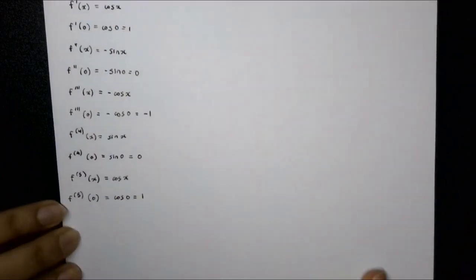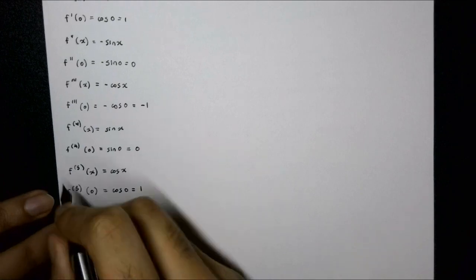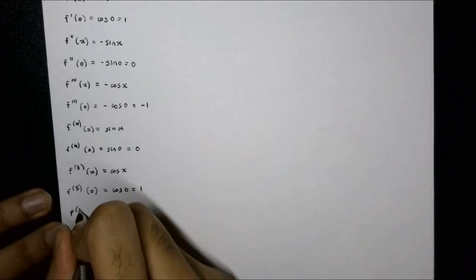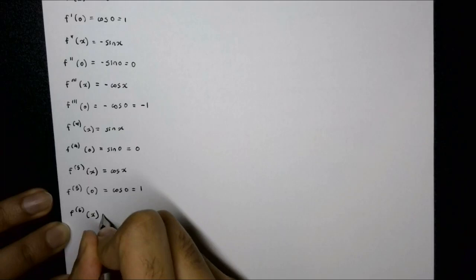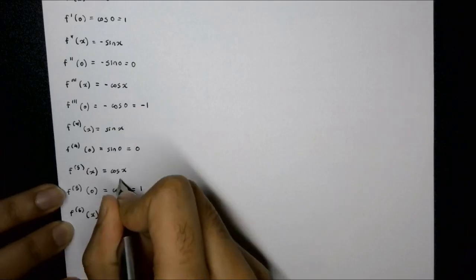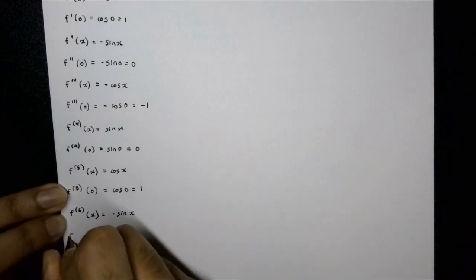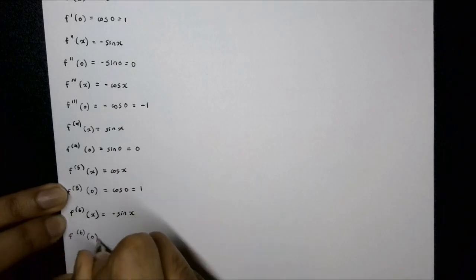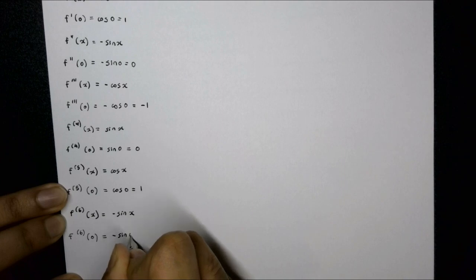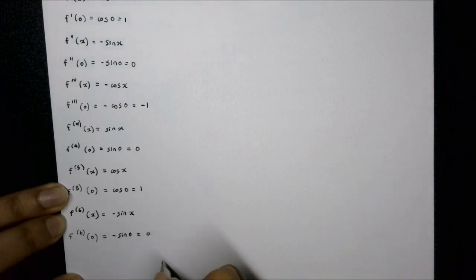So now we need to see what we get when we work out the sixth derivative of x. Differentiating cos, we end up with minus sine x, and therefore the sixth derivative at 0 will equal minus sine of 0, which is 0.